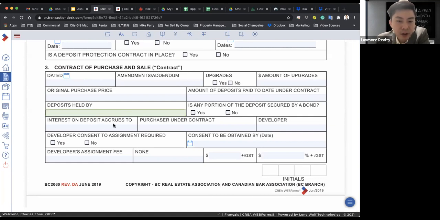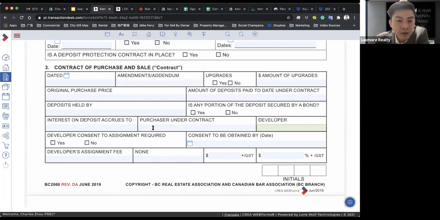Interest on deposit. Normally this is the developer, just put developer here. Purchaser under contract is the buyer of the original agreement, so put the buyer's name under the original agreement, and then the developer's name.